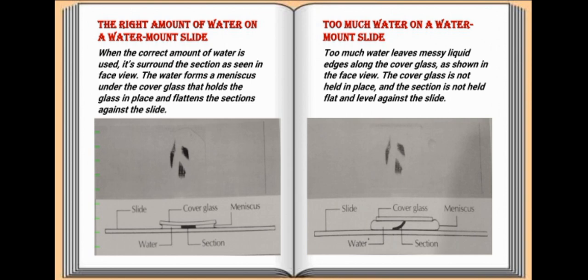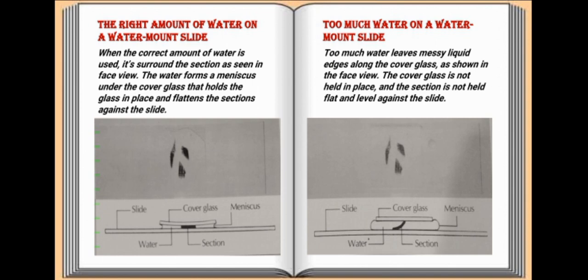The water forms a meniscus under the cover glass that holds the glass in place and flattens the section against the slide. Just like in the pictures, there are the slide, cover glass, and meniscus, and at the bottom you can see the water and the section.